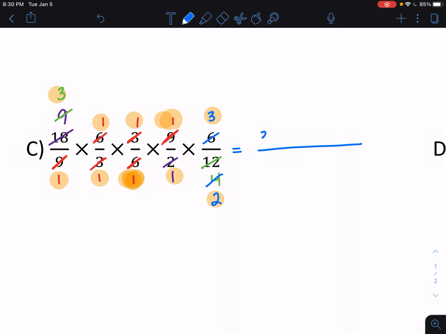So on top, I've got 3 times 1 times 1 times 1 times 3. And then the bottom is 1 times 1 times 1 times 1 times 2. And nothing can be simplified further. So 3 times 1 times 3 is going to be 9. And 1 times 2 on the bottom is 2.